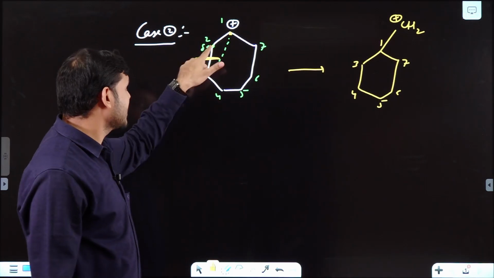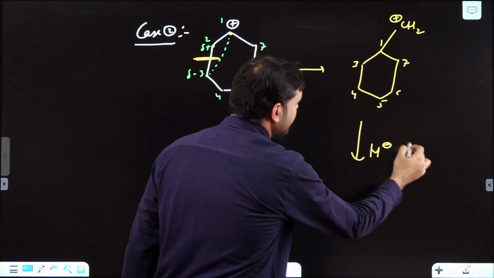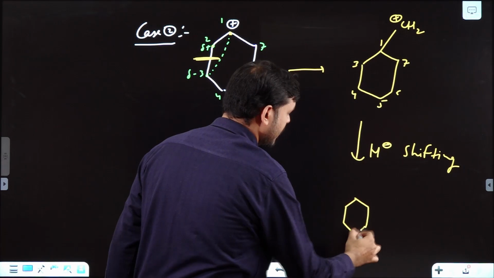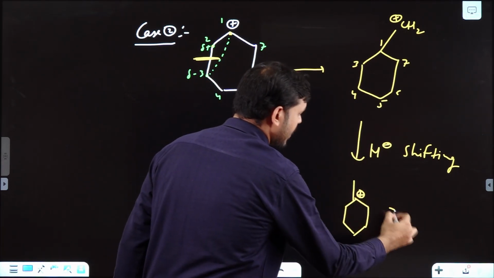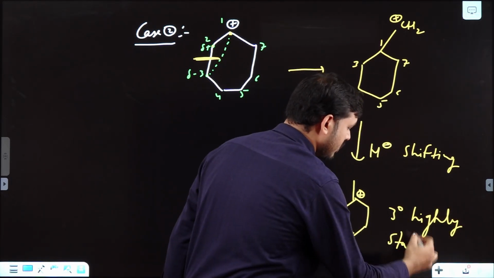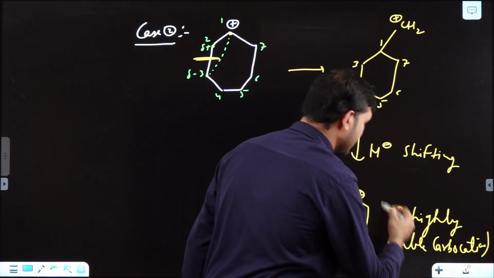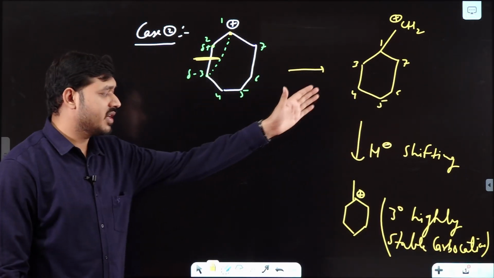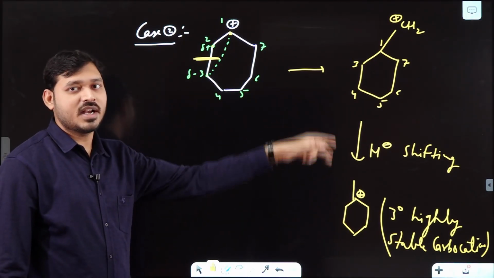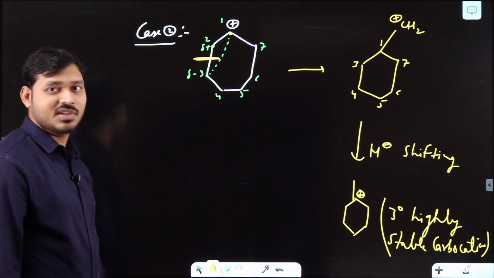Plus charge comes here, right? Now what you can do, here there is a possibility of hydride shifting. So what will you make? You will make a 3 degree, highly stable carbocation. So this is a case of ring contraction followed by rearrangement, hydride shifting. So ring rearrangement, then hydride shifting, again rearrangement to make the most stable form of carbocation for this case. Okay.